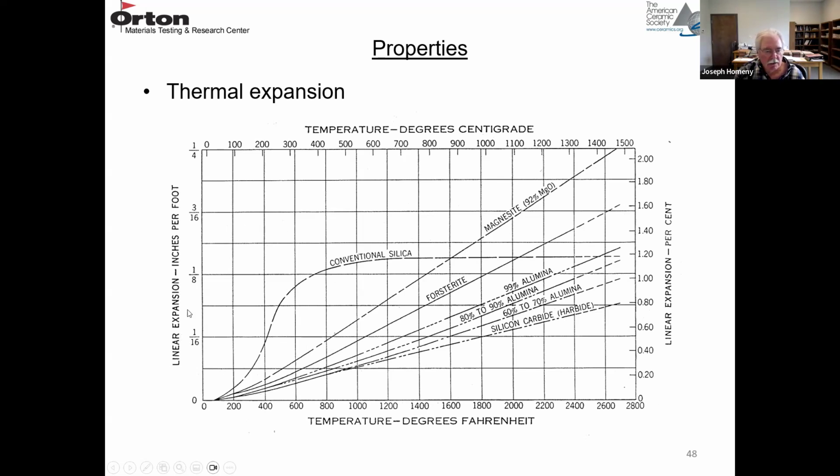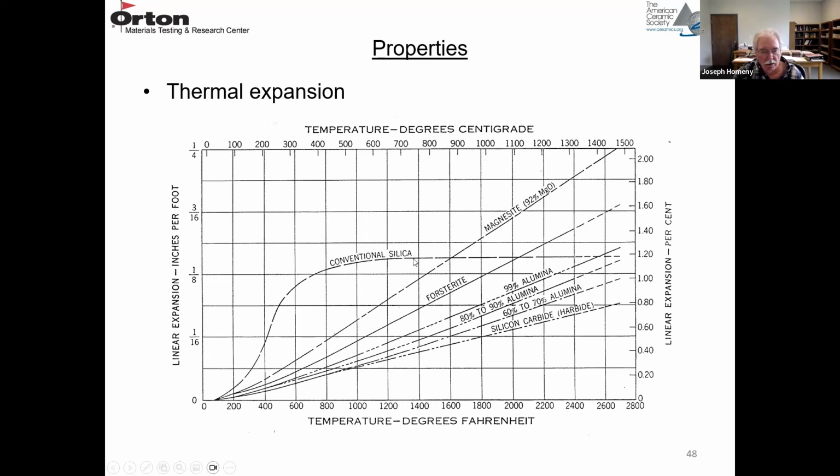So if you're rapidly cycling the temperature in this region, you're going to have a great deal of problems because of the expansion change. But up in this region here, you can cycle this refractory. If there's no thermal expansion, it doesn't build up any thermal stresses, and you don't have any thermal shock issues.